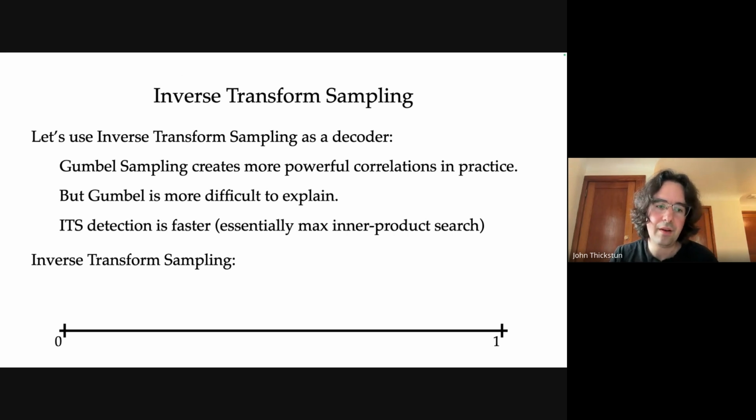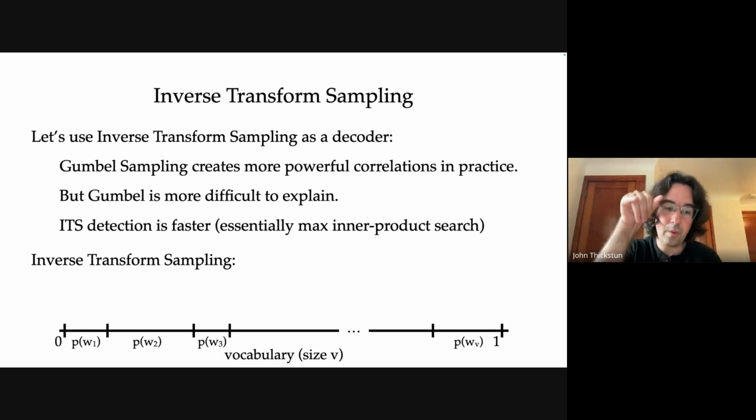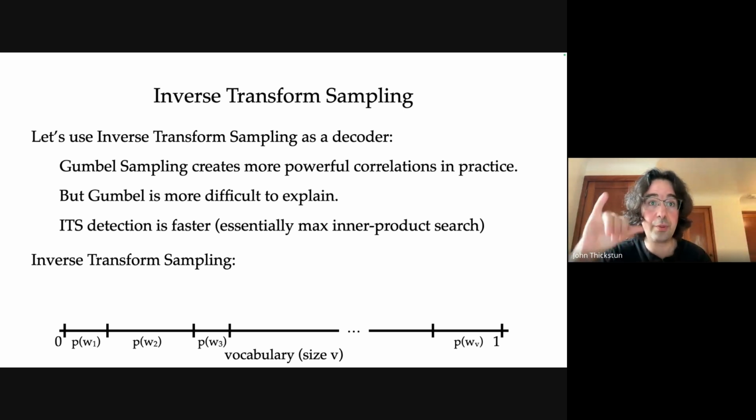So let me begin by giving a brief refresher on how inverse transform sampling works. So we have this number line here, and we're going to be looking at the unit interval between 0 and 1. And the idea is we're going to take all the words in our vocabulary, lay them down on this interval, such that the width of each word's bucket, its allocation of the unit interval, is proportional to its probability, or actually, in fact, equal to its probability.